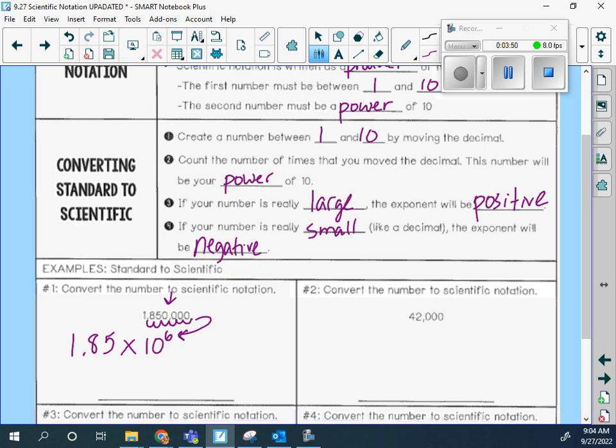Another rule of thumb is if the number was really large, we moved the decimal which way? To the left. Okay? Then that means we're going to have a positive exponent. And if it's small, we're moving the decimal to the right, then you're going to have a negative.